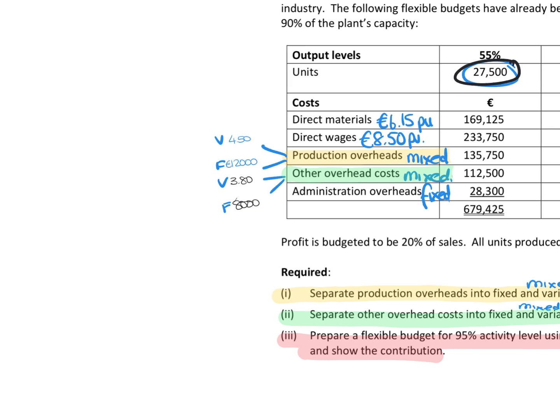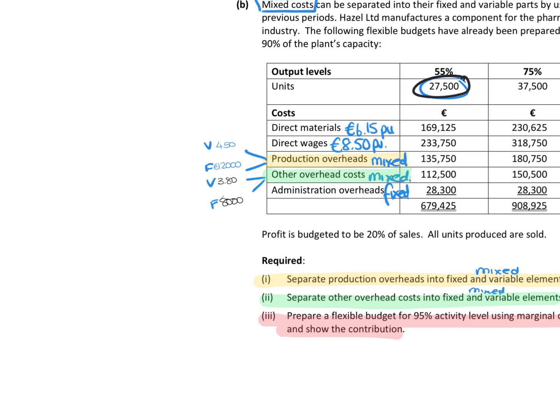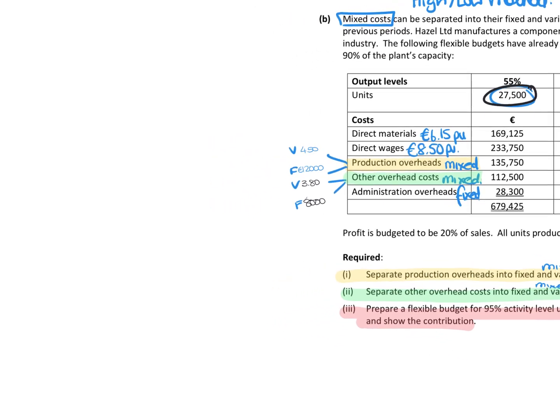So remember that marginal costing statement. What does a marginal costing statement look like? Well, a marginal costing statement looks like sales less variable costs. Okay, so we've got direct materials, direct wages, production, and others. So there's 4 different ones there.